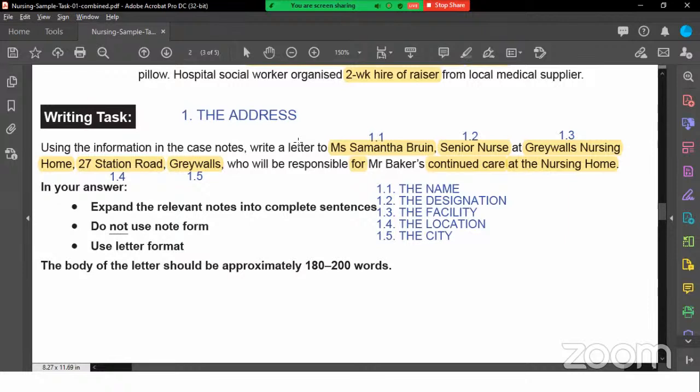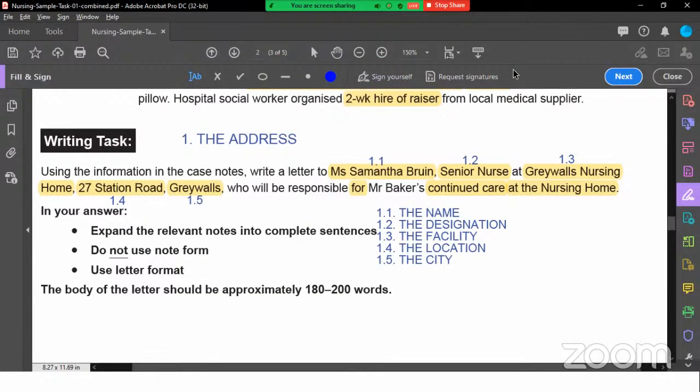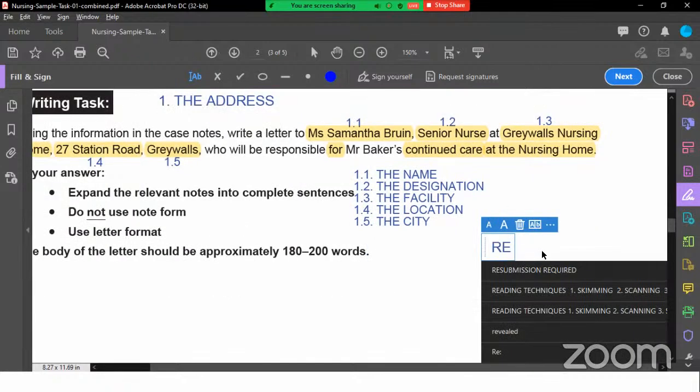Just check it out. He did not say it is a referral letter. So now let us see the letters. Referral letter. A referral letter.